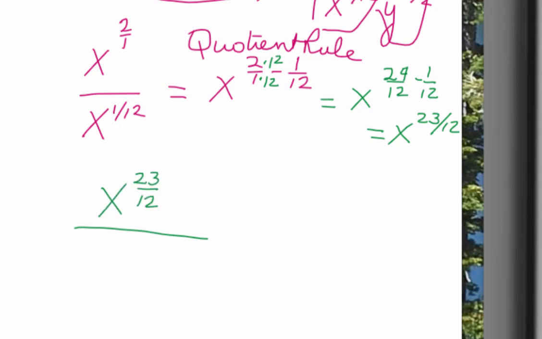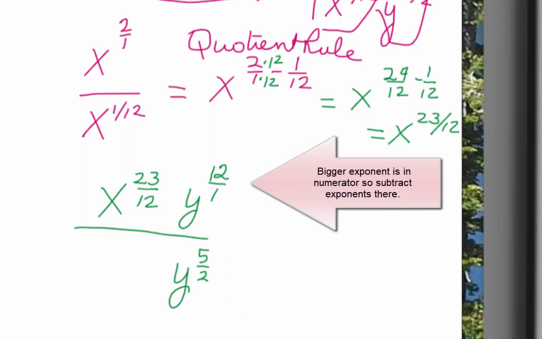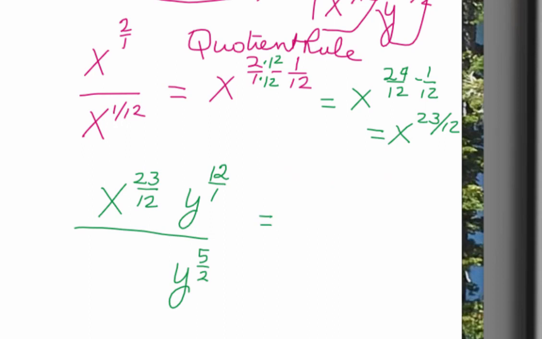Now here I have the y. So the y is 12 over 1, y to the 12, 12 over 1, divided by y to the 5/2. And again, you know this is 2.5, but this one's definitely bigger. So we're going to subtract here. So change that denominator. Okay, while I'm here, let's just do that.